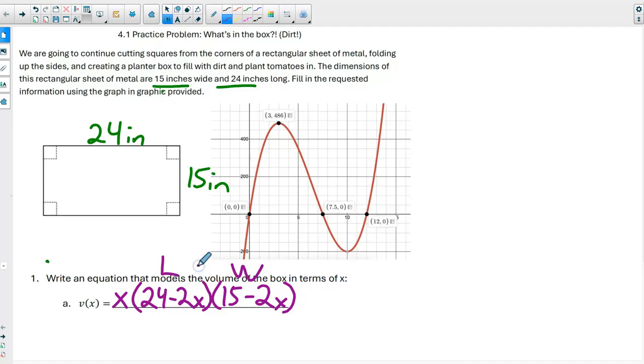And so this x is representing the height. It represents the height, but it also represents a few other things. That height also represents that little side right there, right? So this is x, or you could say h, because whatever I cut out of the box, I fold that tab up, and that tab now becomes the height of my box, okay? So that's where we have to start. Any questions on that?